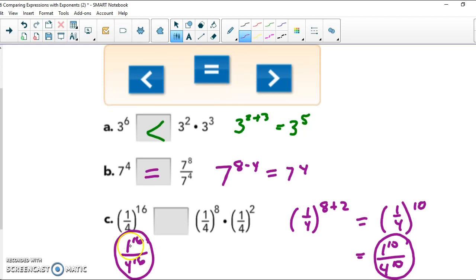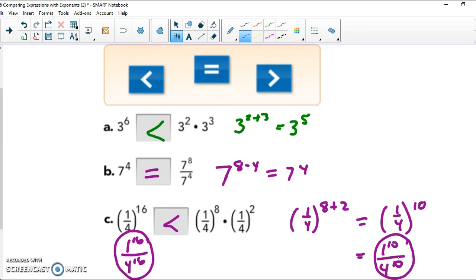So this means that each of these 1 pieces is going to be smaller. So when I'm looking at which value is greater, 1 over 4 to the 16th is going to be less than 1 over 4 to the 10th power because this denominator is larger, which means each of my fractional pieces themselves are going to be bigger.